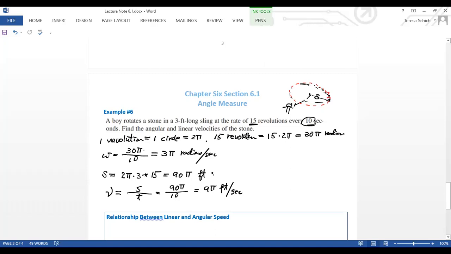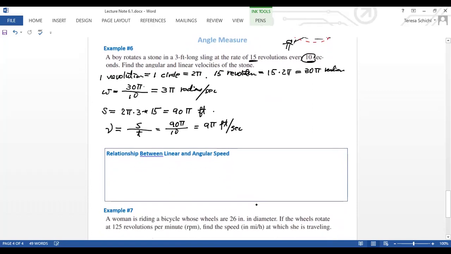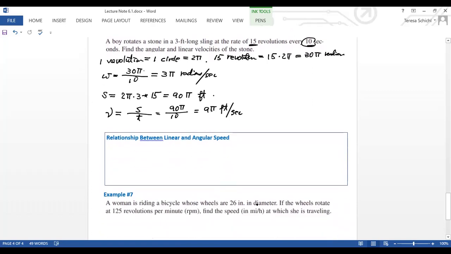All right. Okay, so now the last thing here we want to see is whether there is any relation between the linear and the angular speed. So let's take a look. We know the angular speed is theta over t, so that means t is equal to theta over w.